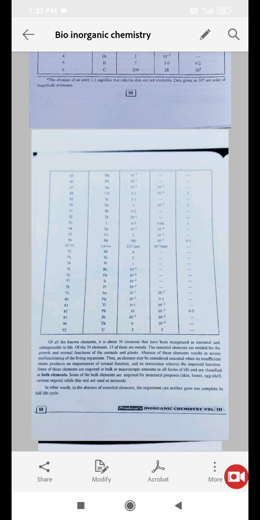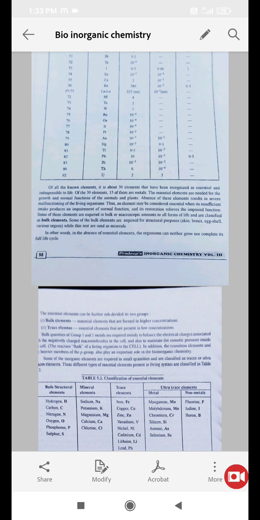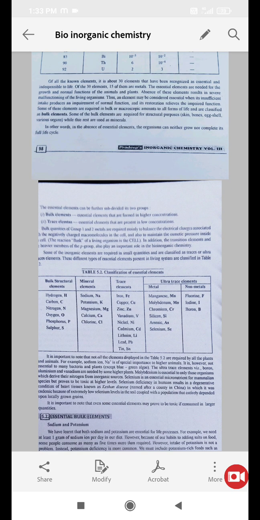Some of the bulk elements are required for structural purposes: skin, bones, egg cells, various organs, while the rest are used as minerals. In the absence of an essential element, the organism can neither grow nor complete its full life cycle. The essential elements can be further subdivided into two groups: bulk elements and trace elements.